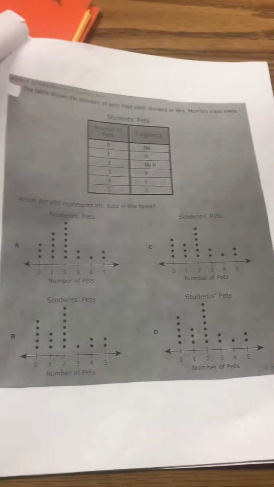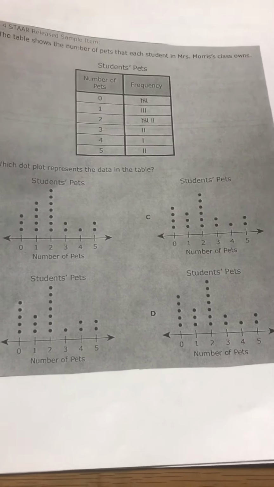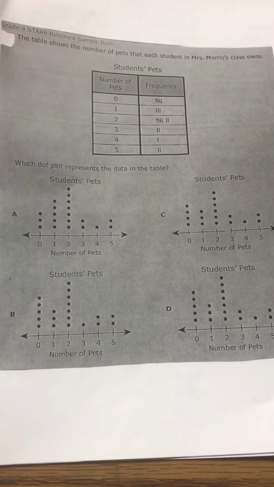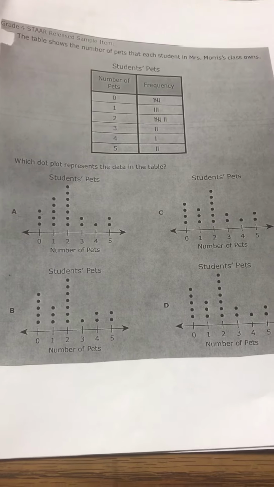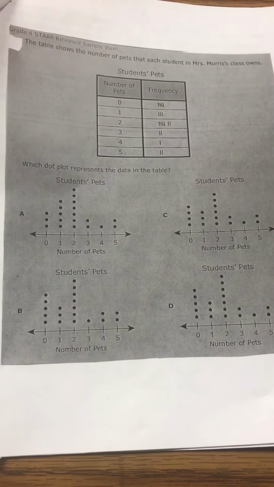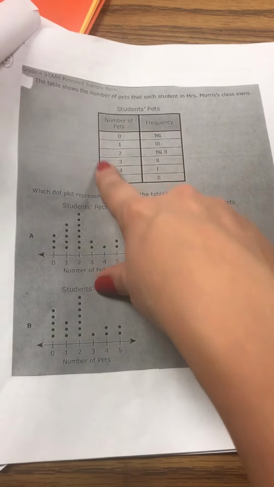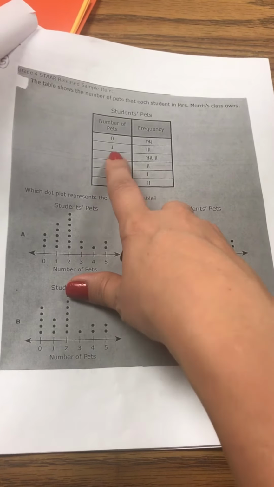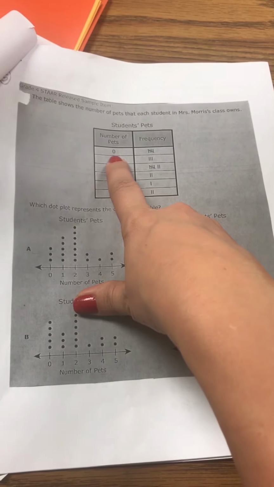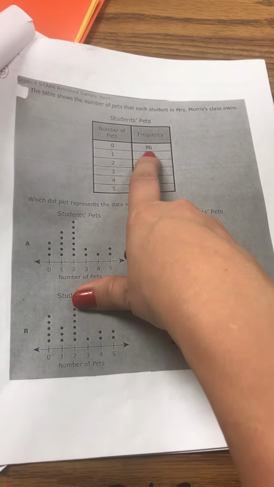this is our learning standard where we were representing data on a frequency table and a dot plot. Your job is to find the matching dot plot that matches the frequency table. So if there are 0 pets, well then look at the frequency.